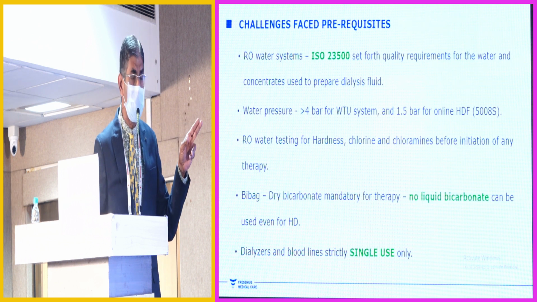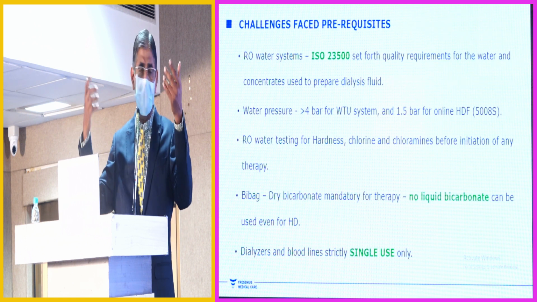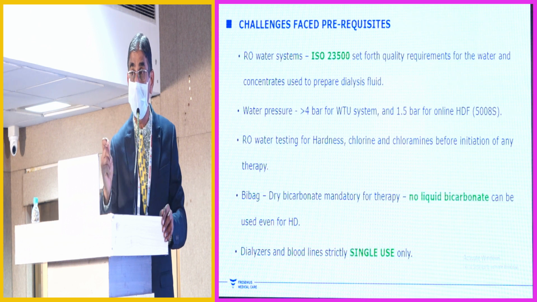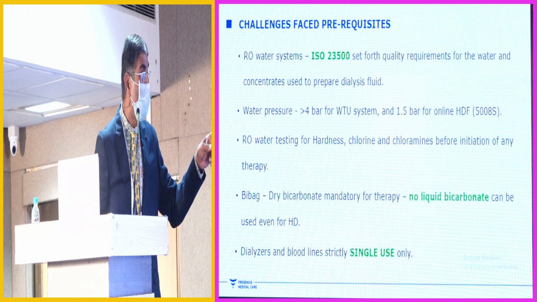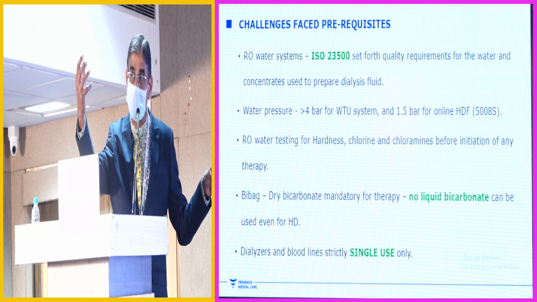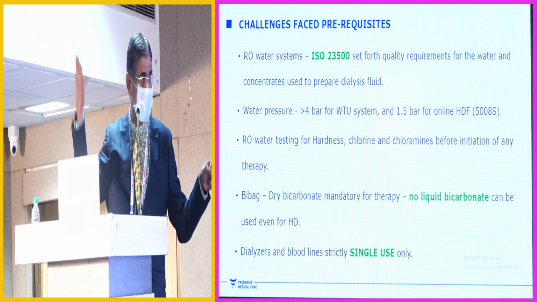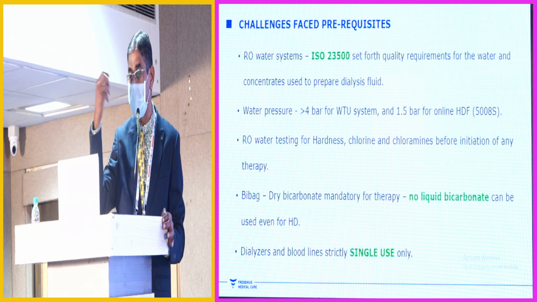So you can't use liquid bicarbonate, whether by a bicarb mixer or otherwise. You need dry bicarbonate, which comes in 650 grams and 900 grams. Ideally use only 900, because part of it goes into the dialysate compartment at 500 ml per minute or 800 ml, and the remainder is used for your substitution or replacement fluid.